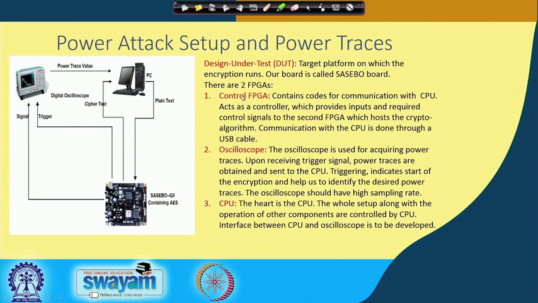This board has two important parts, and there are two FPGAs in the board. One FPGA is the control FPGA, which contains the code for communication with the CPU, and it acts as a controller which provides inputs and required control signals to the second FPGA, which houses the crypto algorithm.